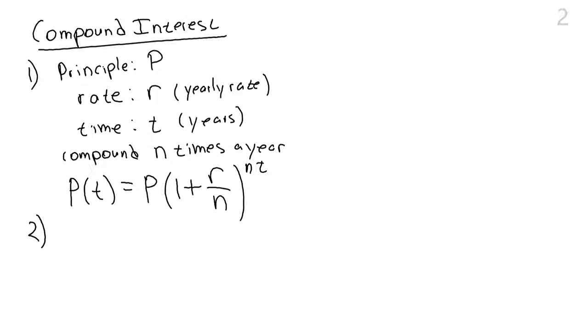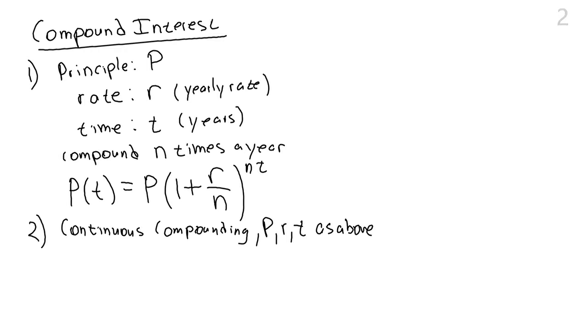The second is when we have continuous compounding. When we have continuous compounding with the same P, R, and T as above, then the formula for continuous compounding becomes P of t is P e to the rt. e is Euler's number.